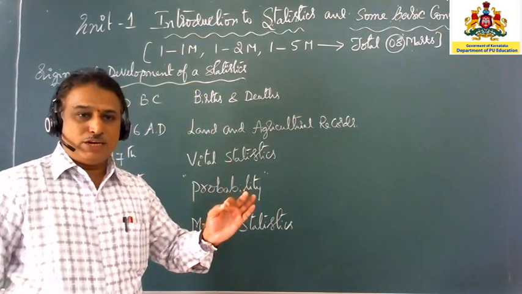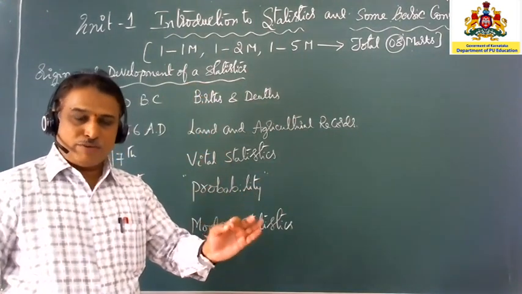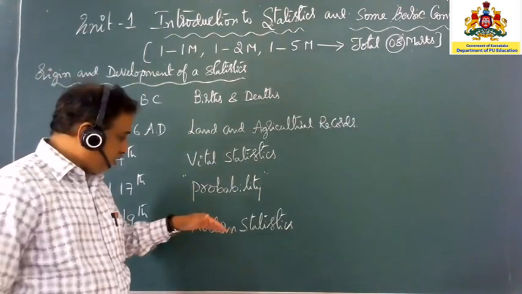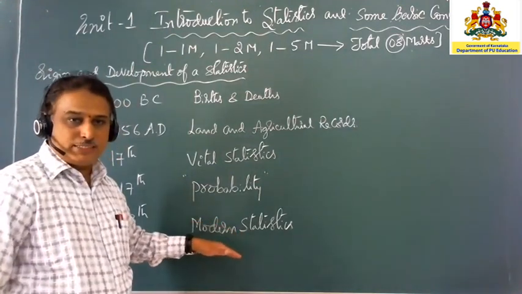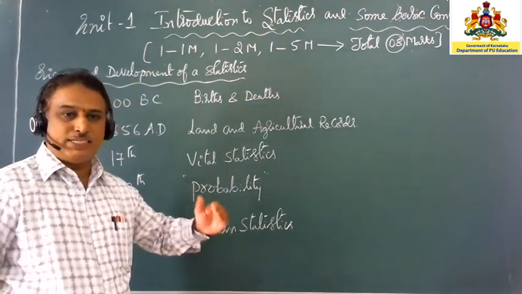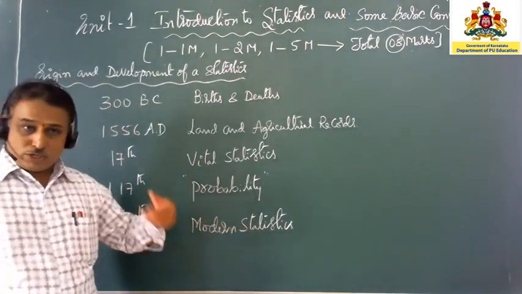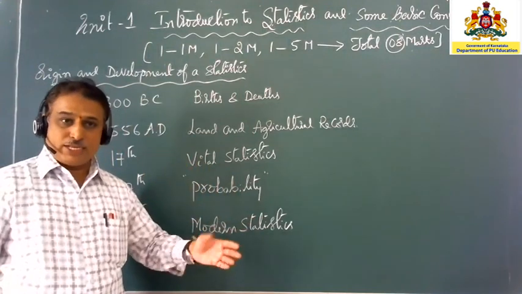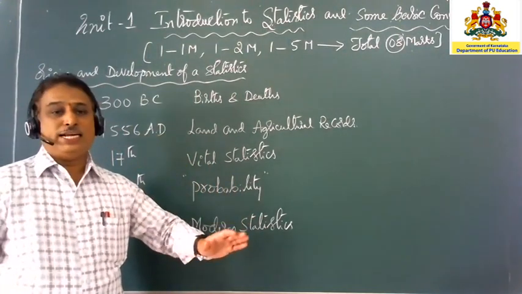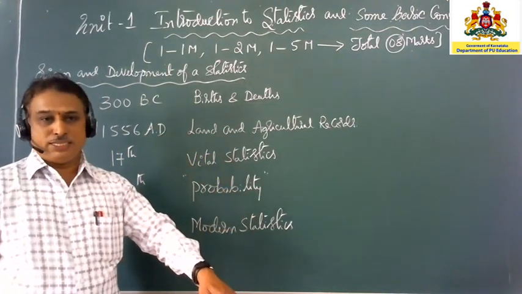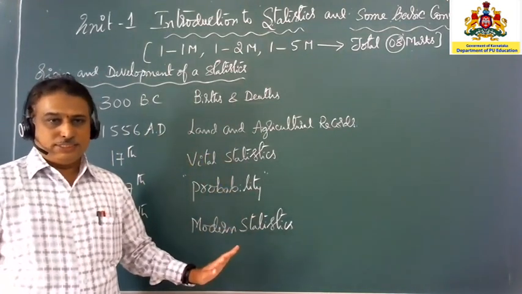They were counting the information, comparing the information, recording the information. But nowadays, information technology has developed and we are counting the information, comparing the information, analyzing the information, and also getting the conclusion based on that information.